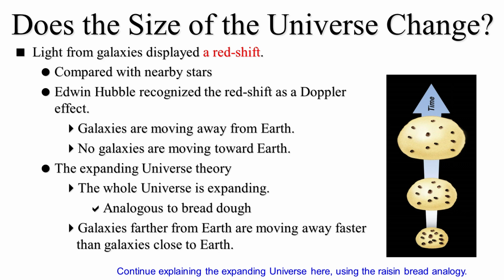Analogous to bread dough, galaxies farther from Earth are moving away faster than galaxies close to Earth. So if we have bread dough here with raisins in there, the bread gets bigger and bigger, spreading apart. So the distance of the raisins gets farther apart. Note here that there is no change in the number of raisins.